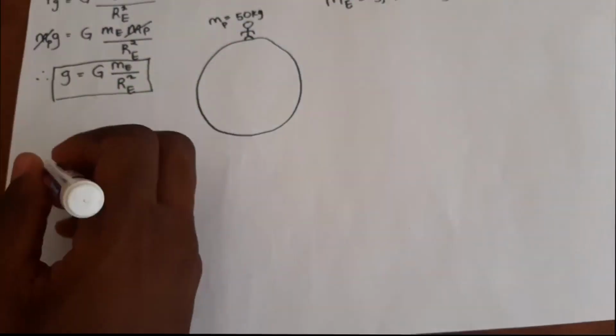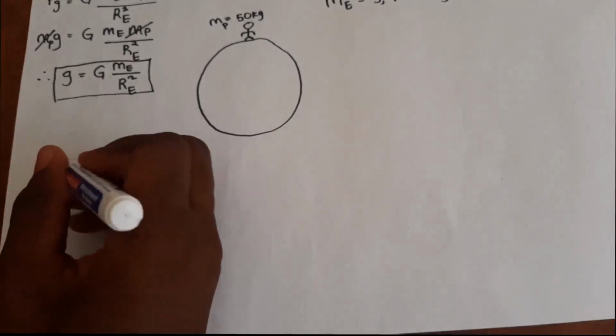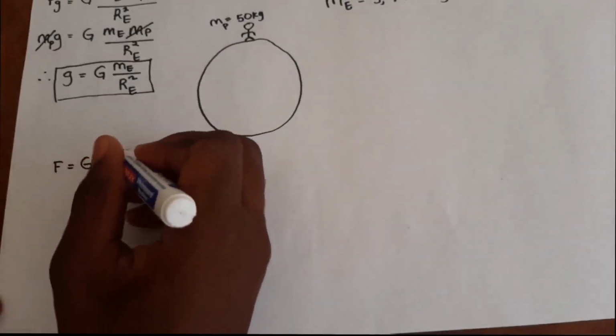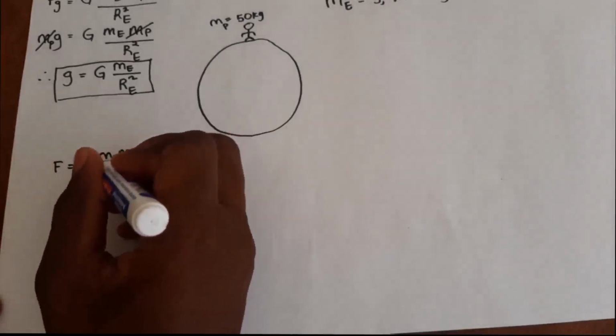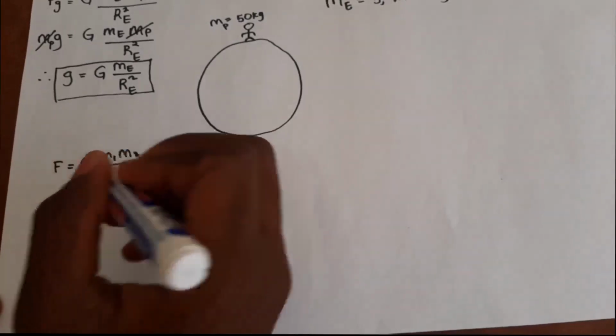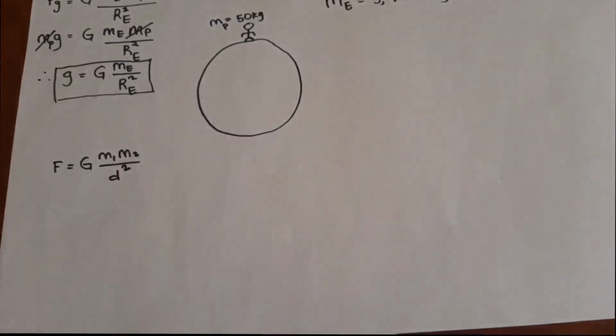So you know that this is our formula: F is equal to the gravitational constant times the product of the masses over d squared. Again, just to remind you, we are speaking about objects that are in contact with the earth's surface. This person is in contact with the earth's surface.